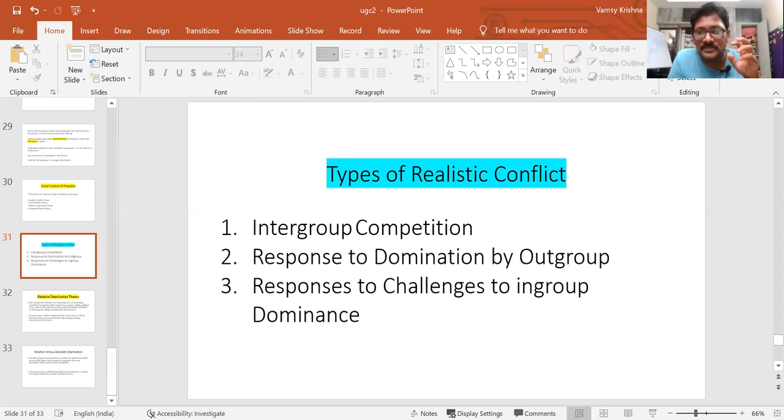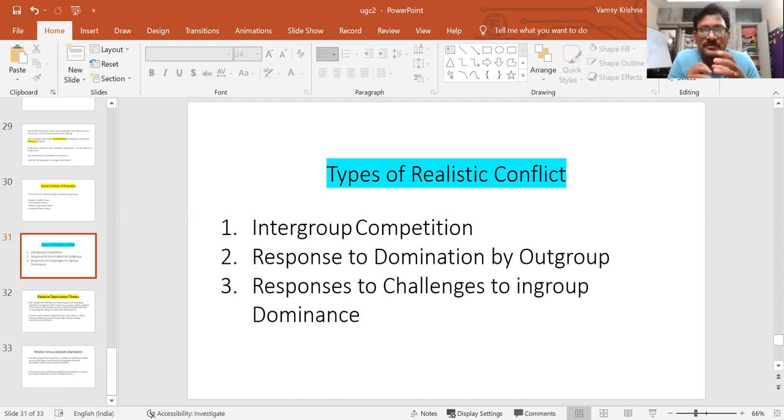So you should be very much clear about which creates the conflict. So let's understand each type of realistic conflict theory. One type of realistic conflict is intergroup competition.